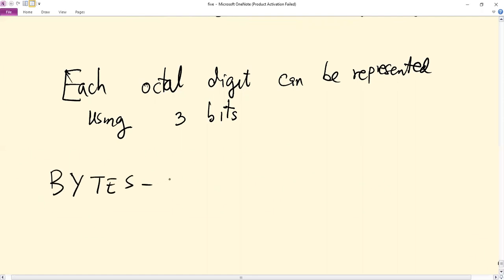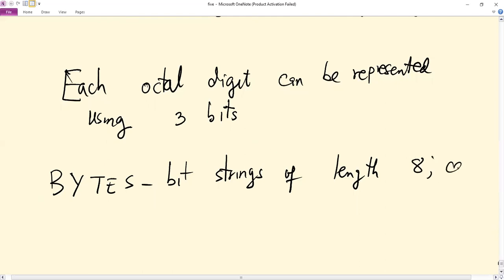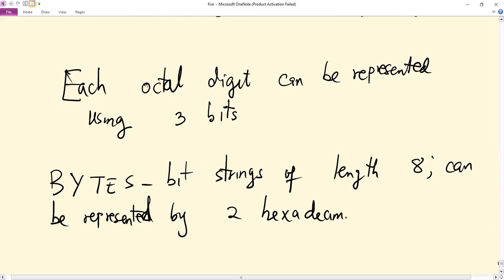Bytes are bit strings of length 8 and can be represented by 2 hexadecimal digits.